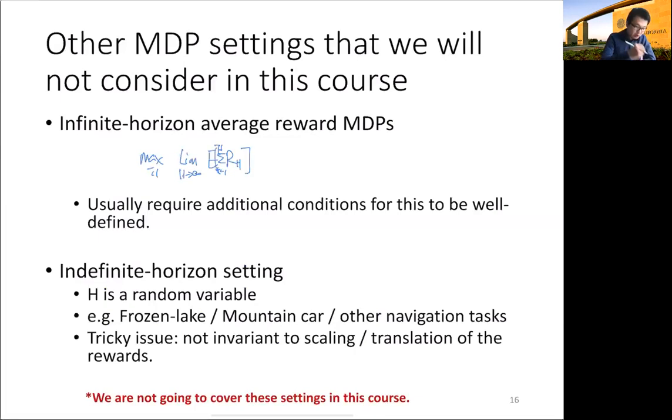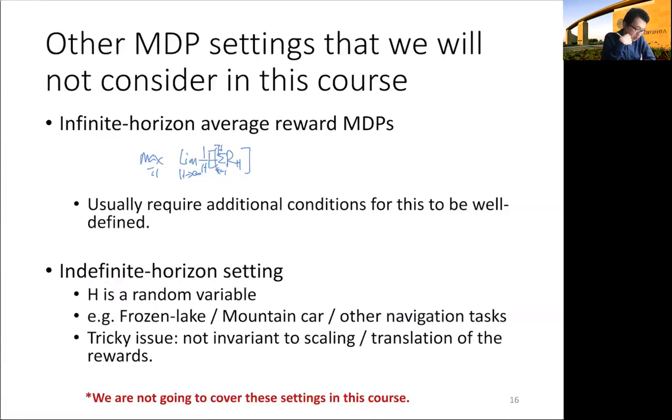These are so-called average reward MDPs. In order for this problem to be well defined, you typically need additional conditions, such as ergodicity of the state transitions for all policies, or at least for some policies, and so on. So it's not a very clean setting, even though sometimes this is meaningful.